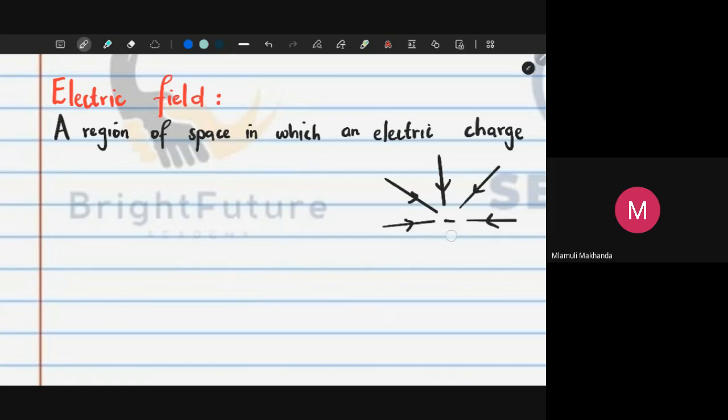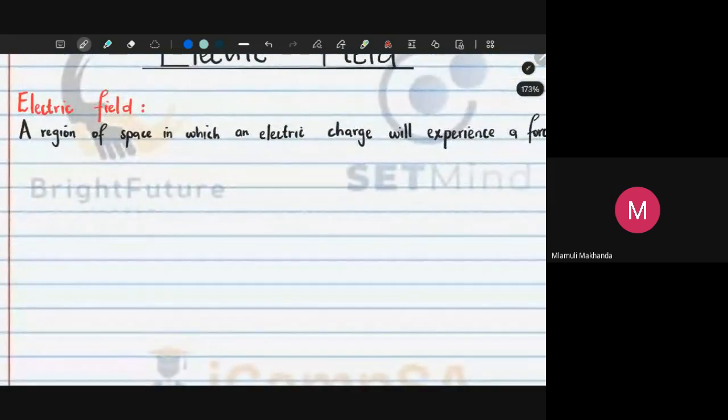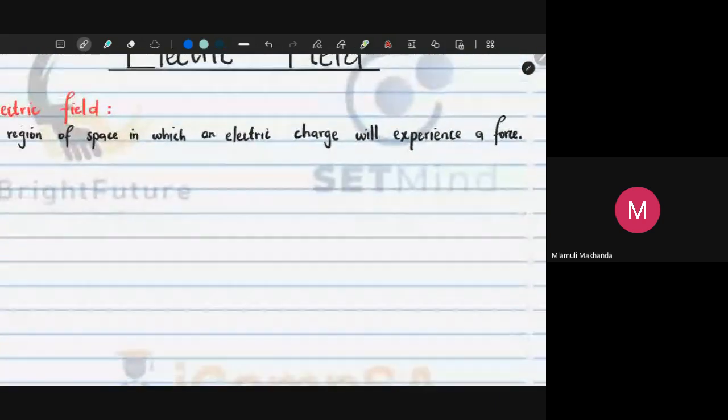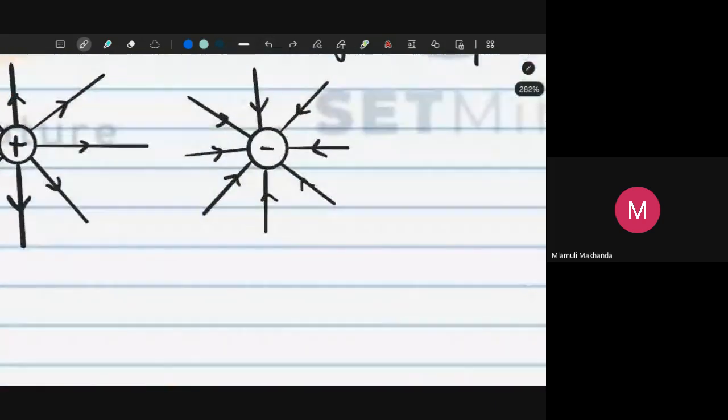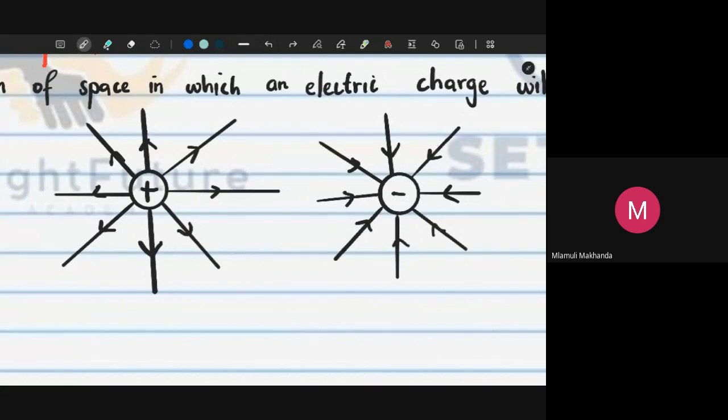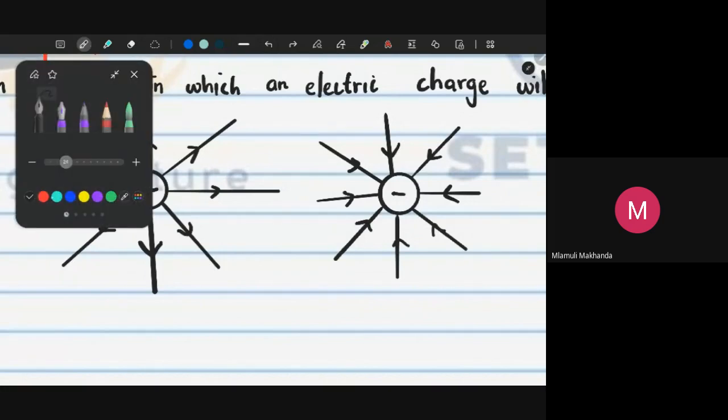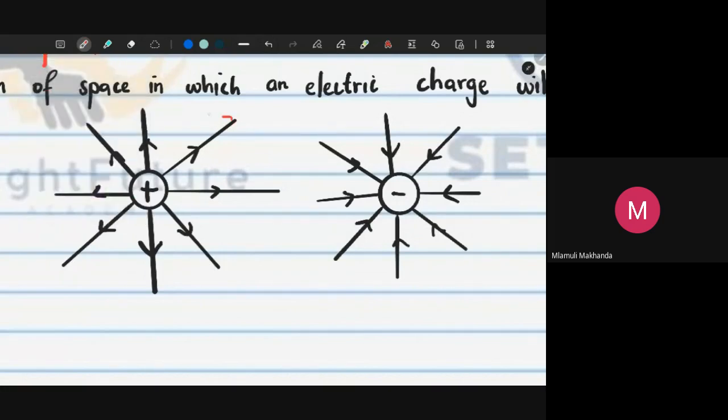Now, let's finish off the definition of the electric field. We said it's a region of space in which an electric charge will experience a force. So in this space, because this is all the space, let's mark the space. This is all the space, all of this.